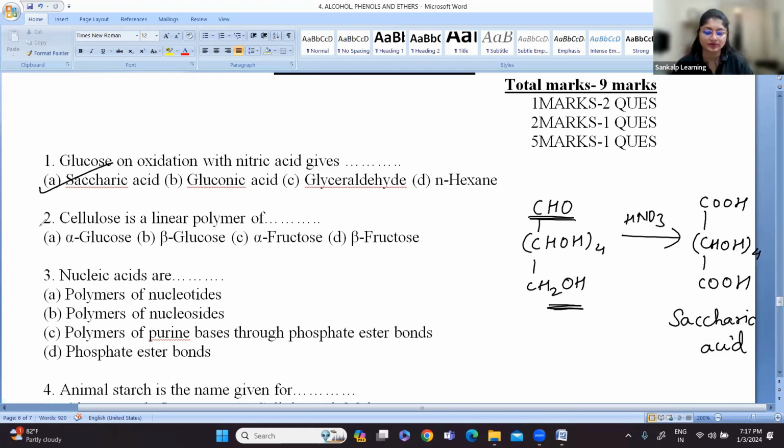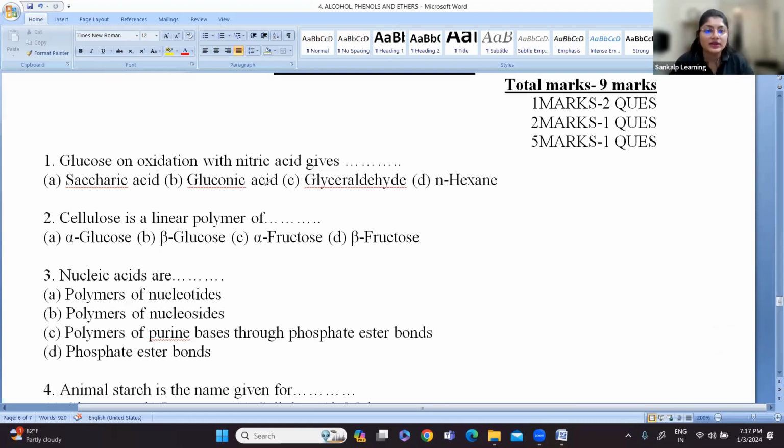Next question. Cellulose is a linear polymer of: A, alpha glucose, B, beta glucose, C, alpha fructose, and D, beta fructose.